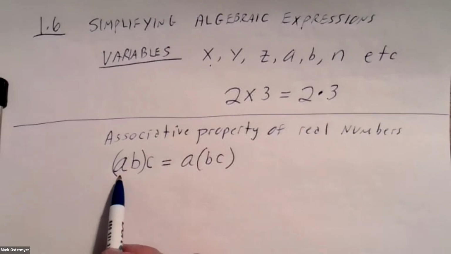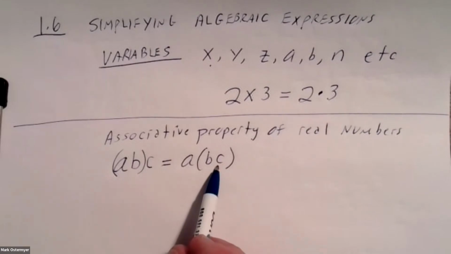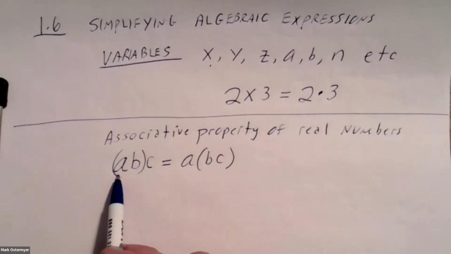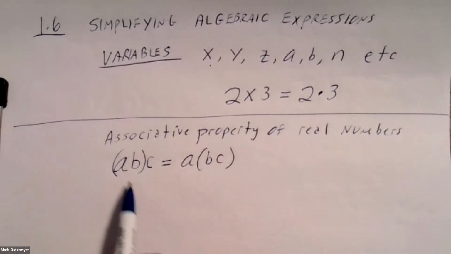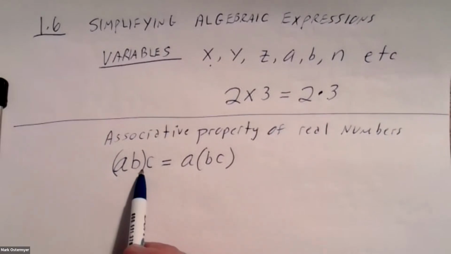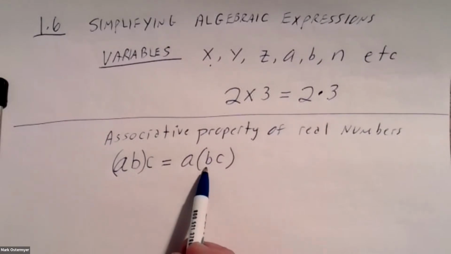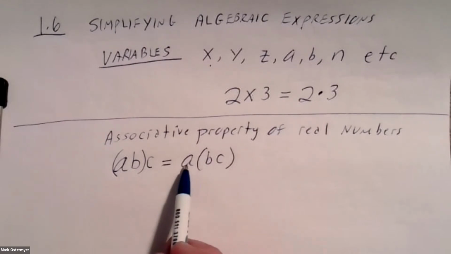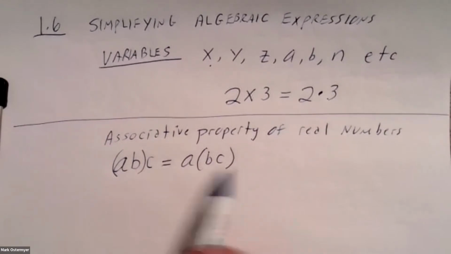It involves 3 numbers and shifting parentheses. On the left side the parentheses indicate I multiply A and B first, but on the right side the precedence has shifted, and I multiply B and C first and then multiply that by A.